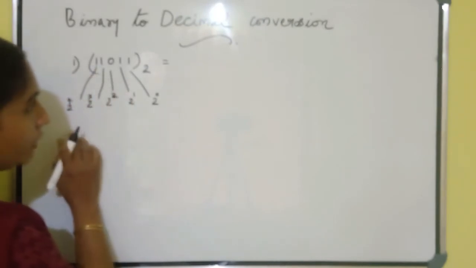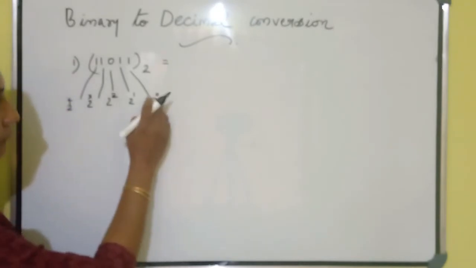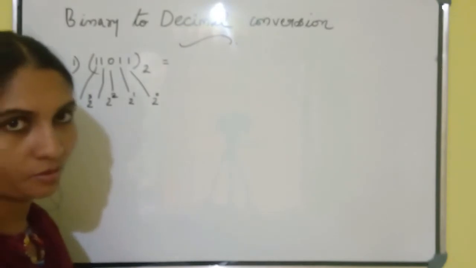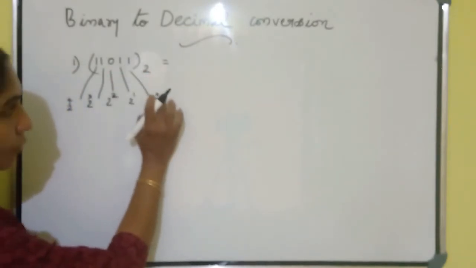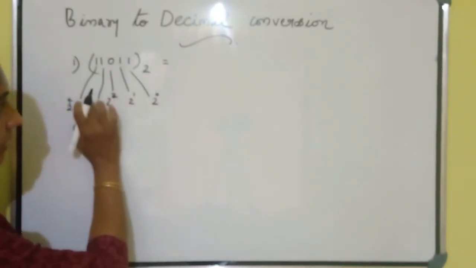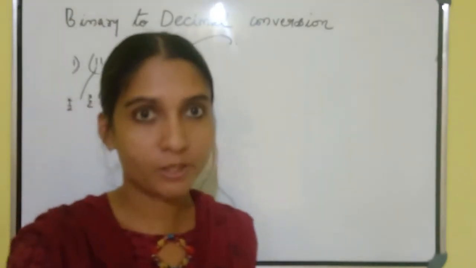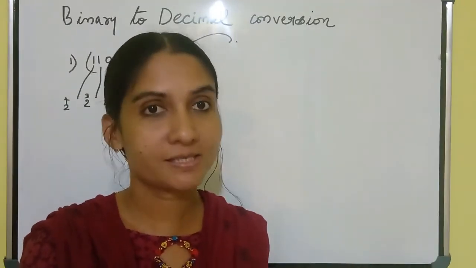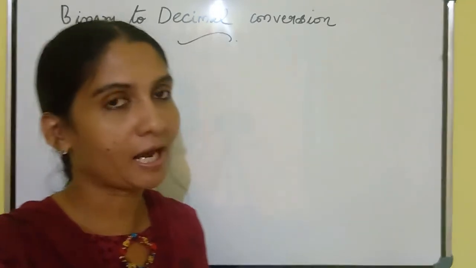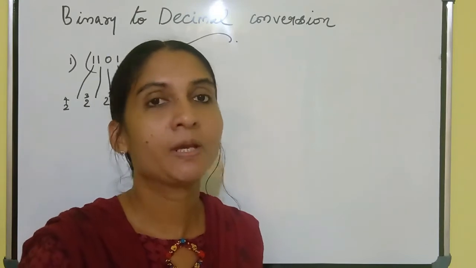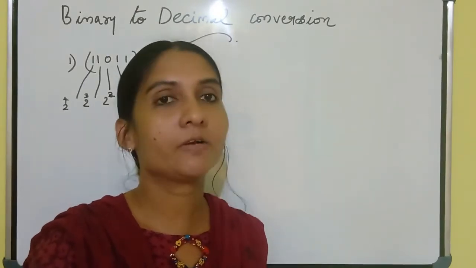That means when we move to the left, the power of 2 is increasing. We take the powers of 2 because the base of this binary number is 2. Then we multiply these bits by the powers, and at last we take the addition.